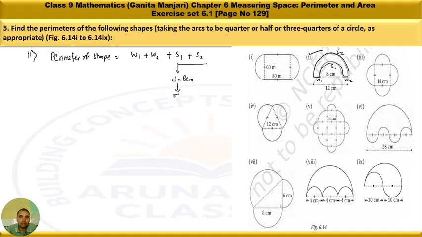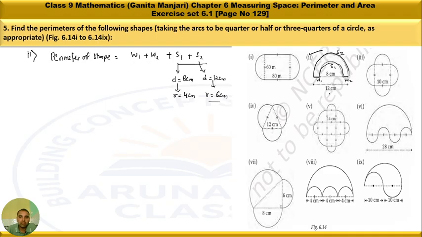As per this diameter, the radius will be 8 upon 2, that is 4 centimeter. For the semicircle length of S2, the diameter is given as 12 centimeter, so the radius will be 12 upon 2, that is 6 centimeter. Now what will be the widths W1 and W2?